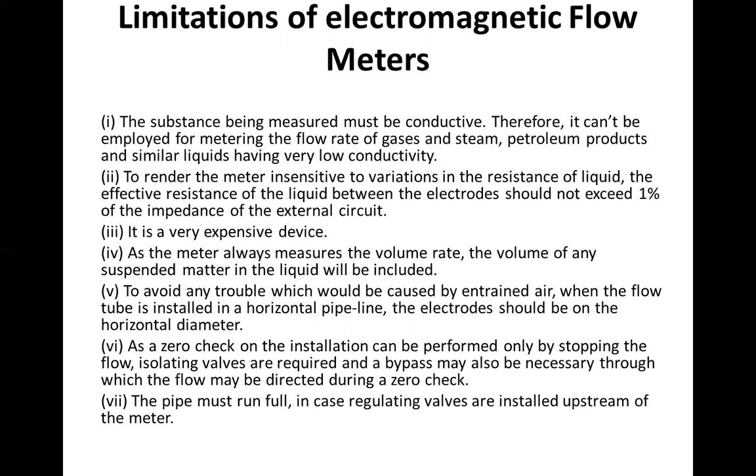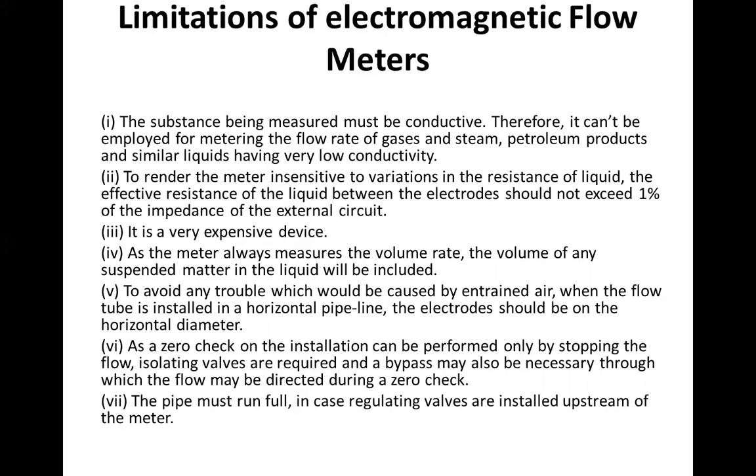Limitations of electromagnetic flow meters. The substance being measured must be conductive. Therefore, it can't be employed for metering the flow rate of gases and steam, petroleum products, and similar liquids having very low conductivity. To render the meter insensitive to variations in the resistance of the liquid, the effective resistance of the liquid between the electrodes should not exceed 1% of the impedance of the external circuit.